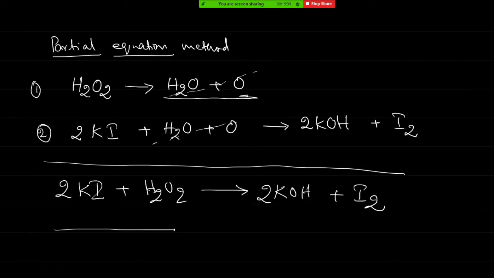So in this way, by writing the partial equations for some chemical reactions, we can understand the mechanism of how the reaction was taking place, and by writing these partial equations we can write the overall balanced equation.